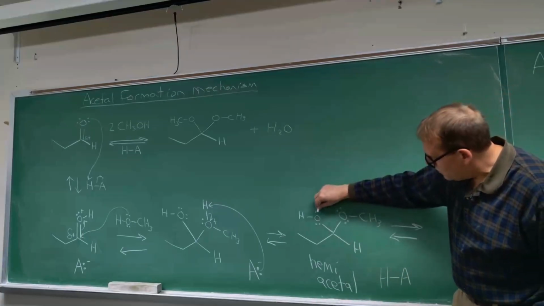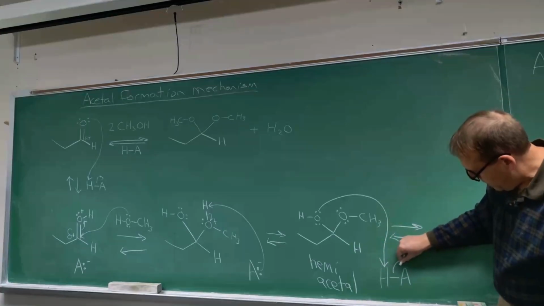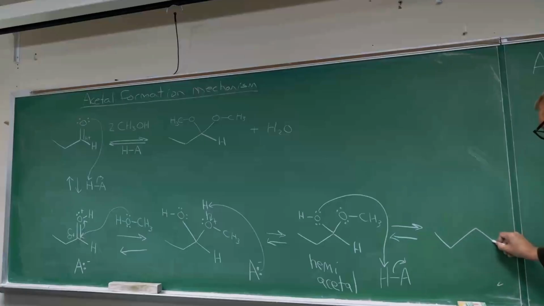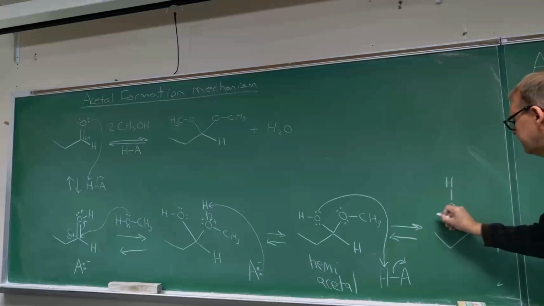So if this oxygen were to grab the proton from HA, that would give a species where the OH group has become a good leaving group. It's gotten protonated. It's a water molecule waiting to leave.